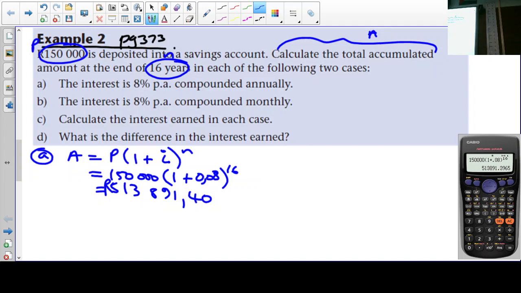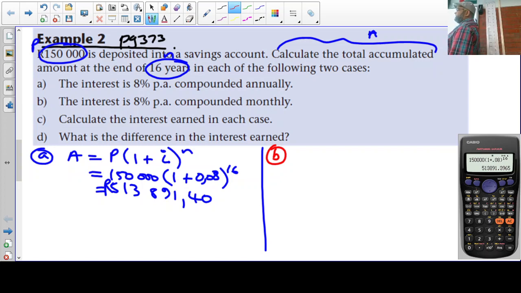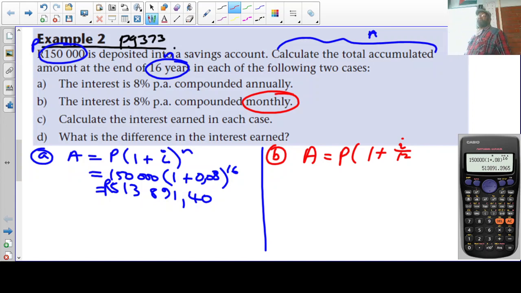Let's look at B. In question B, they say the interest is 8% per annum compounded monthly. So what's your formula there? A is equal to P into 1 plus I over 12. Why 12? This is monthly. What if you had said quarterly? Divided by 4. No?